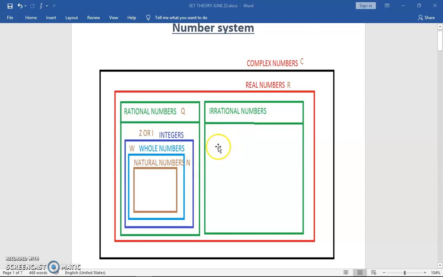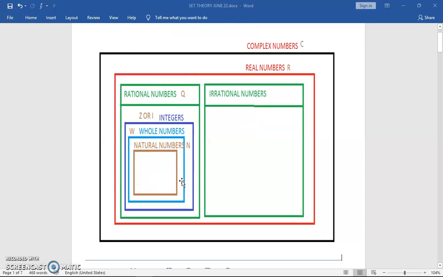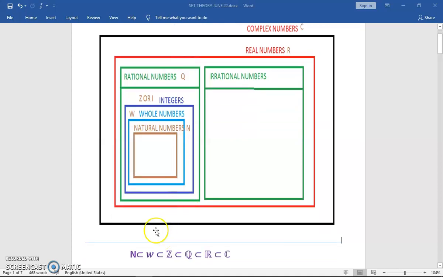With this picture, we can say complex numbers is the largest set in the number system, and the natural numbers is the smallest set in the number system. In other words, we can write the number system in this form. Here N is the natural numbers, W is the whole numbers, Z is the set of integers, Q rational numbers, R real numbers, C complex numbers.